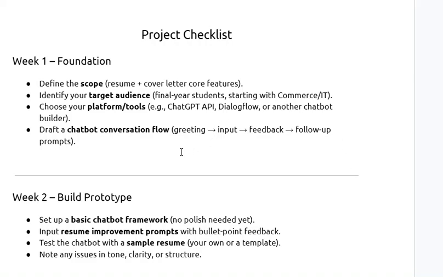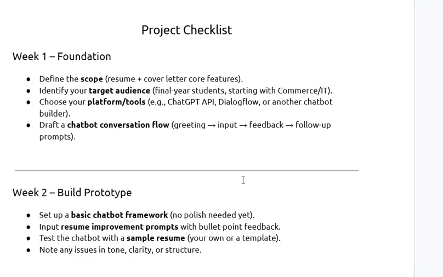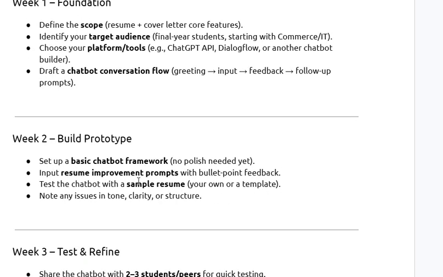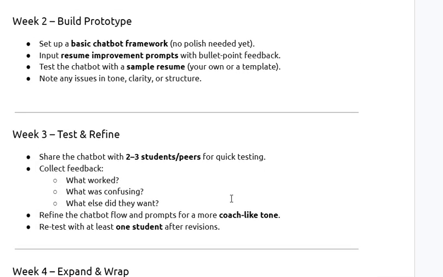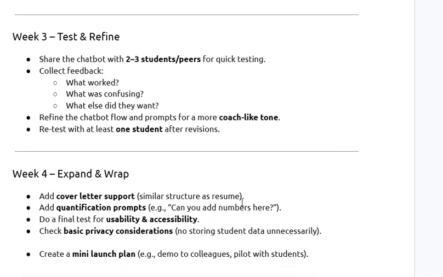You've got the scope. I don't know what the tool is, so you're choosing which tool. Some basic chatbot framework, no polish needed, resume, improved prompts, bullets. I'm wondering where that went. What tool are you using?